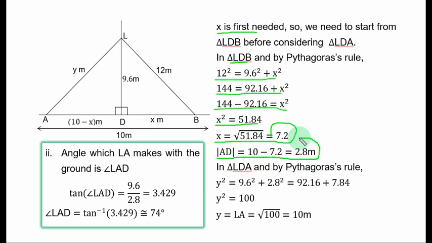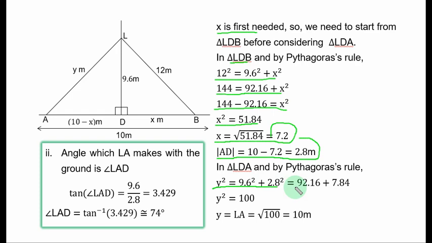Now we consider triangle LAD, and by the same Pythagoras rule, you have the longest side, that is y squared, equal to sum of squares on the other two sides, that is 9.6 squared plus the square of AD, that is 2.8.